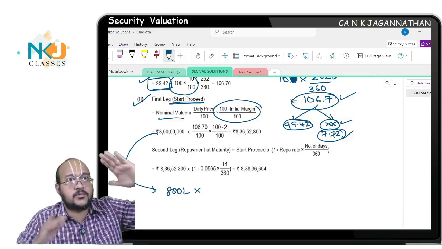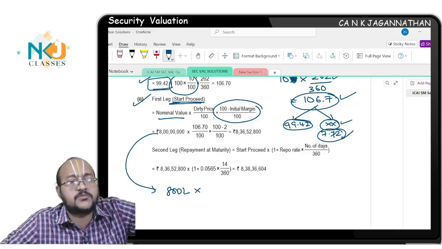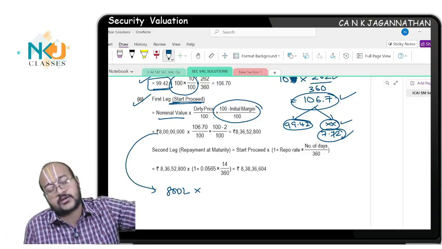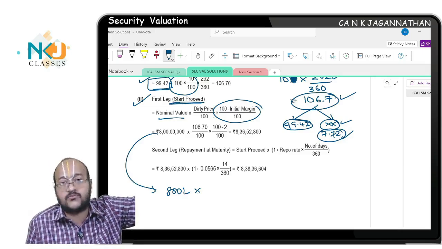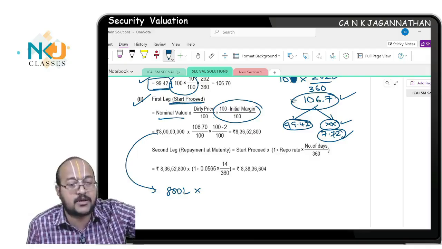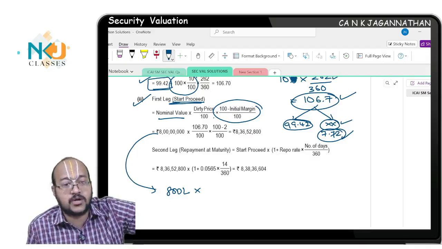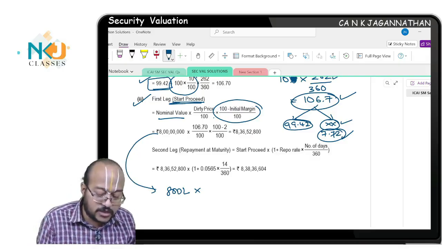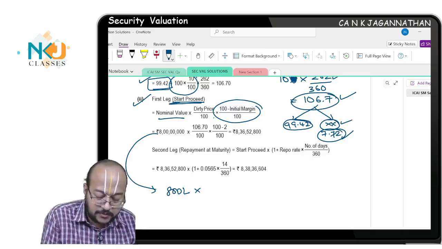The price quoted in the market will always be the dirty price, which includes the accrued interest portion.